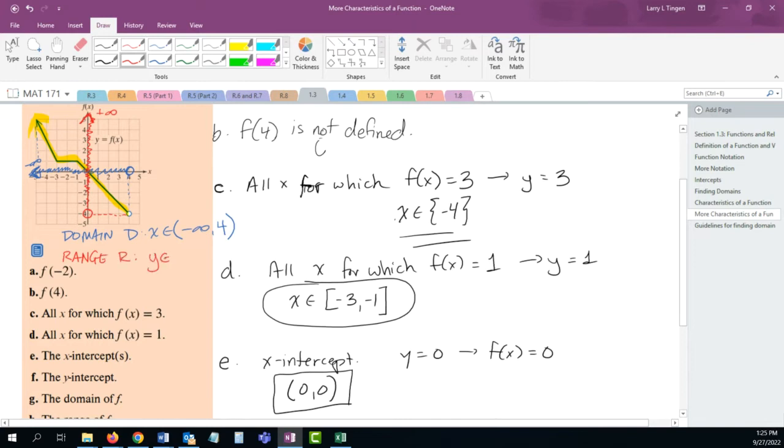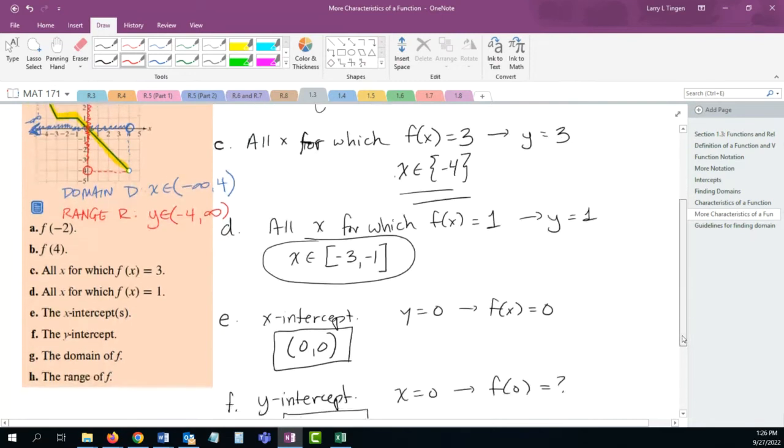The range, and remember the range is the y variable, all the possible values of y. Pick up at -4 and run to positive infinity. Infinities never get a bracket because they're never included. -4 also does not get a bracket because there's that open circle. All right, so there's domain and range.